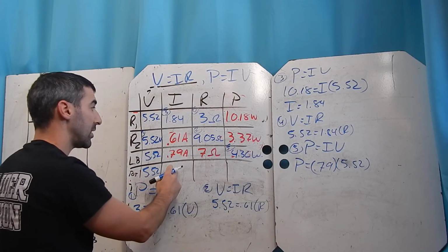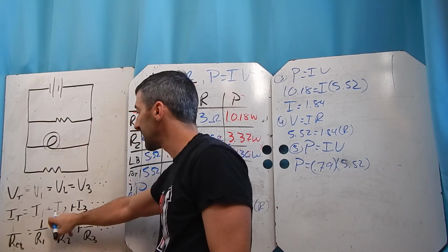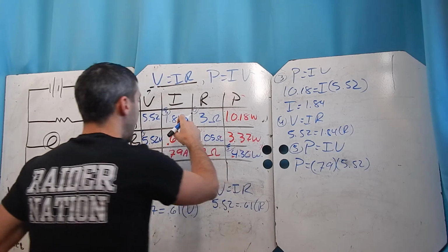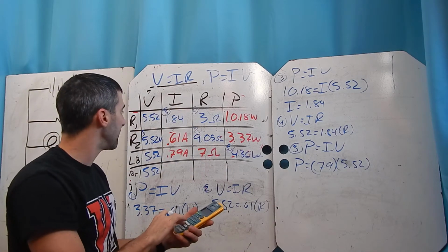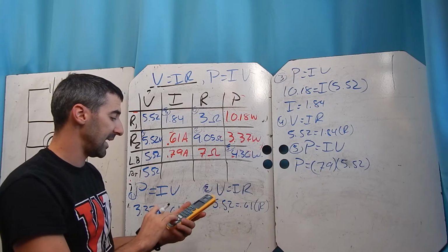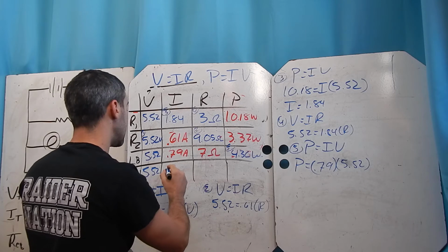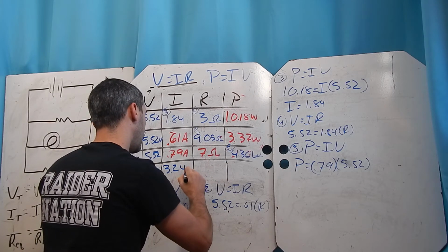Well, if I look at my current rule, it's just I1 plus I2 plus I3. So I can add 1.84 plus 0.61 plus 0.79. And I have a total current of 3.24 amps.